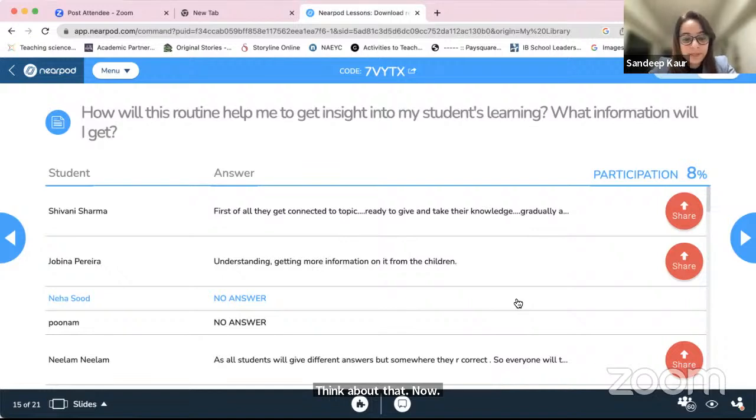But all students will give different answers, yes. So that means understanding, getting more information from the children, all right? They're staying connected to the topic, the answers that they're giving.